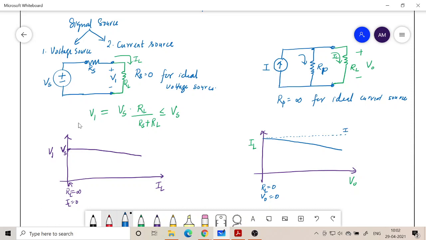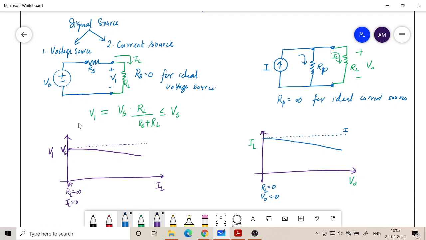Sir, what is the real life example of uses of current source? Current source is used in real life. Suppose you want any application where you want a fixed current to flow through a device irrespective of the change in voltage. In circuits we need a current source for biasing the circuit.